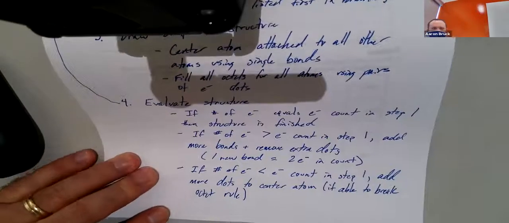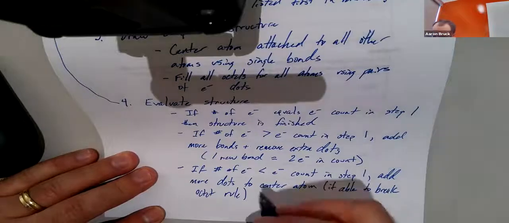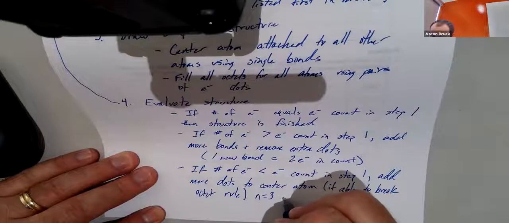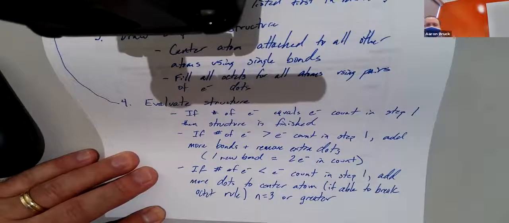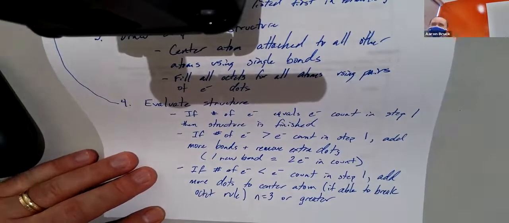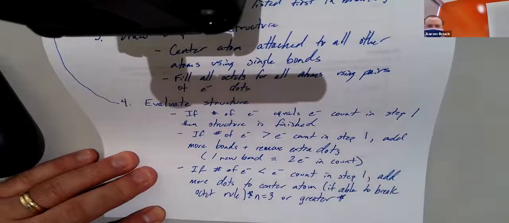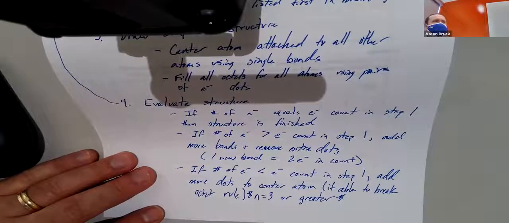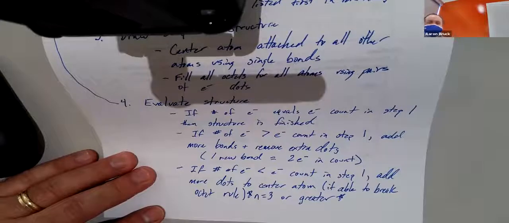And this one comes with a particular caveat if the center atom is able to break the octet rule. The rule for breaking the octet rule is that we have to have an energy level greater than or equal to 3.